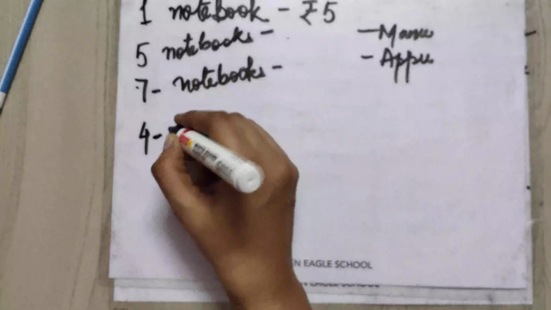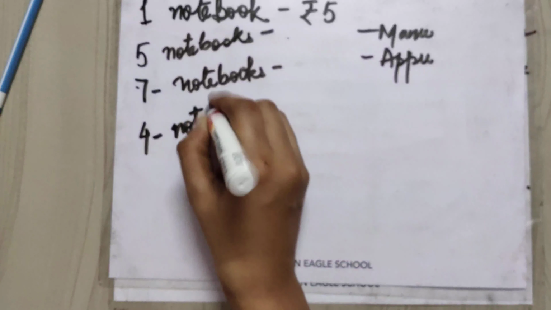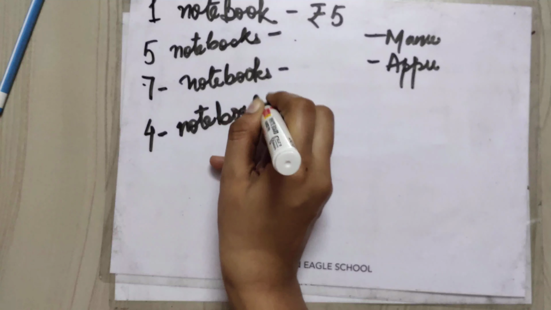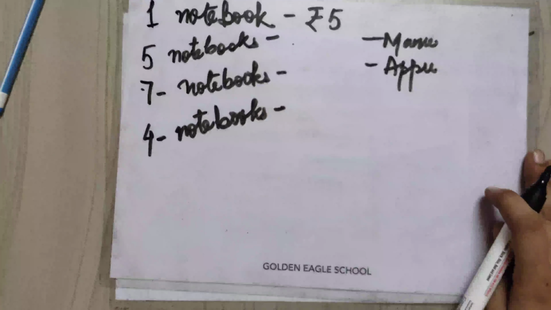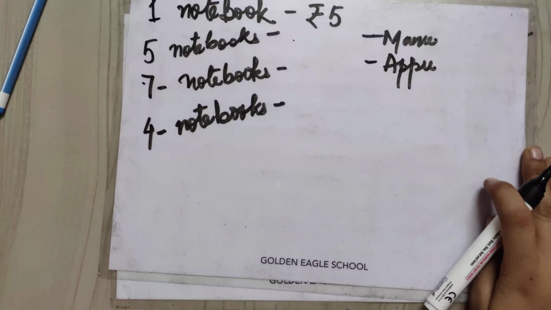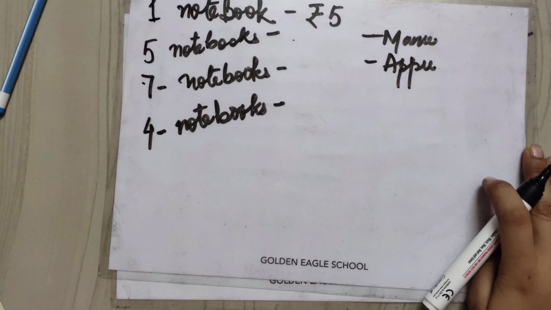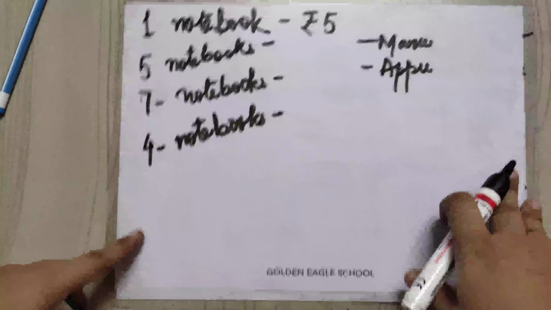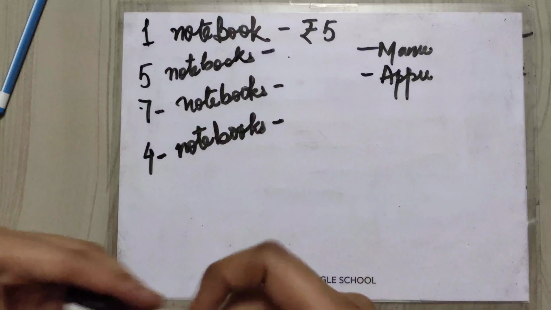So everybody has different priorities. Somebody wants 4, somebody wants 5, somebody wants 7. So how much money should a student carry when she or he goes to the bookstore to buy notebooks? They are asking how much money they should carry.